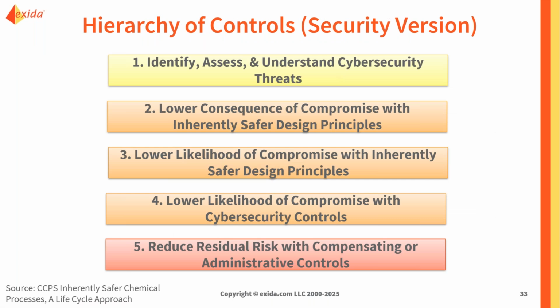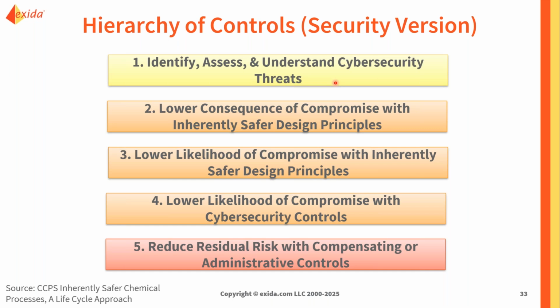What I'd like to end with is just to take that hierarchy of controls and think about moving it from the process safety version to really a security version, where it all starts with identifying, assessing, and understanding the cybersecurity threats for whatever layer we're looking at.